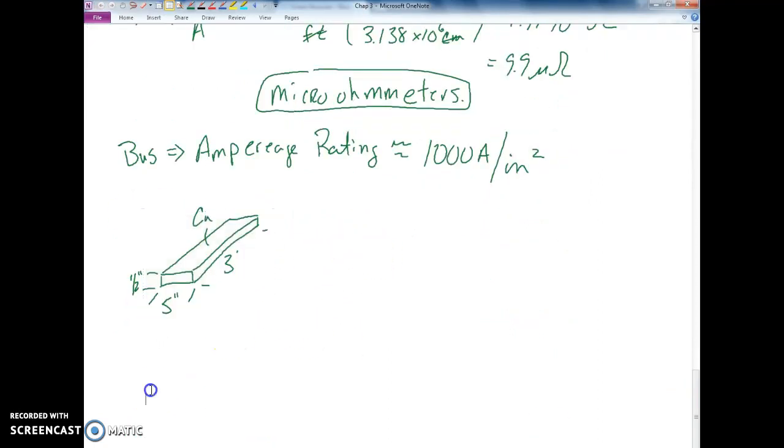If I had that piece of bus, and it is 5 inches by 1/2 inch, that would give me 2.5 square inches. That tells me that that bus is good for about 2,500 amps. And that's an average size rating for bus work in switchgear cabinets.